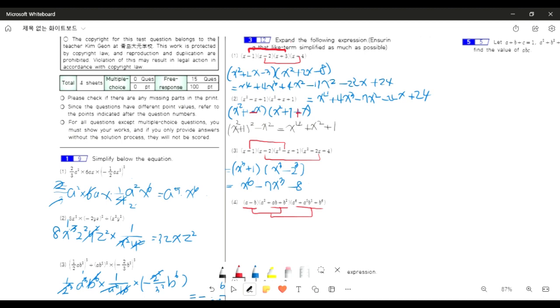So when expanding the first and second terms, a cubed minus b cubed, then a to the 6 plus a cubed b cubed plus b to the 6. One more using the cube formula. So a cubed to the cube equals 3 times 3 equals 9. So a to the 9 minus b to the 9.